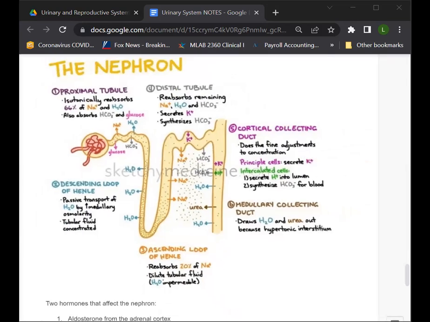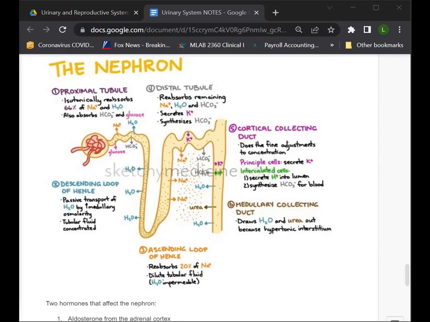We do need to know about the functions of each of these. We need to know that the proximal convoluted tubule is supposed to be where a majority of everything is put back into the blood, but mostly sodium.